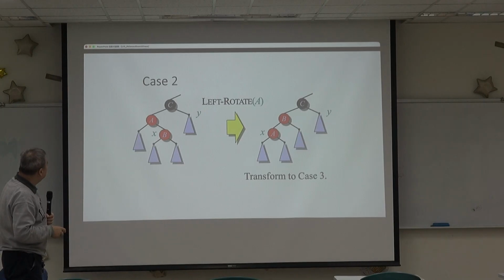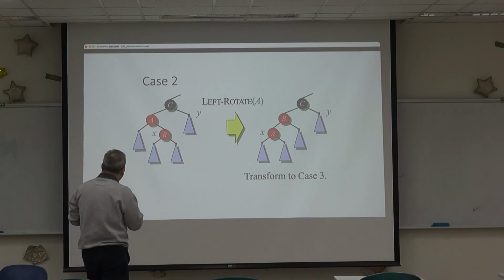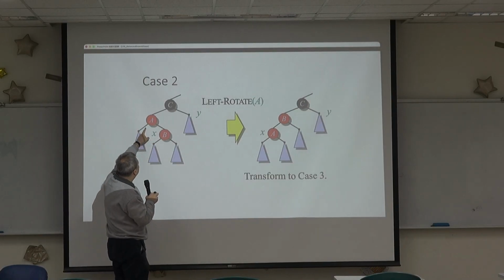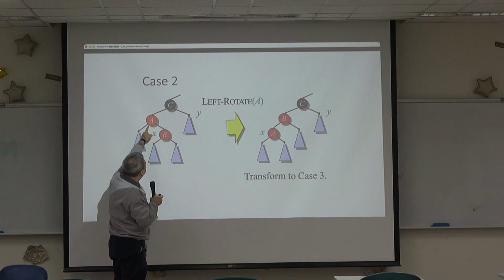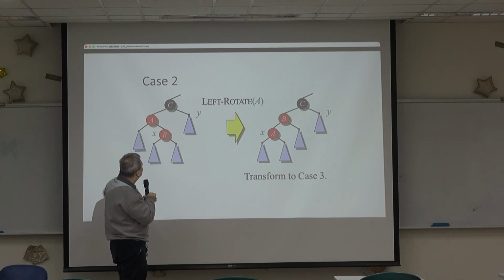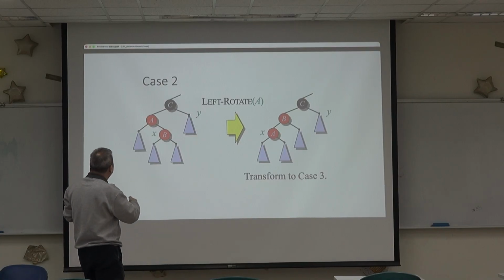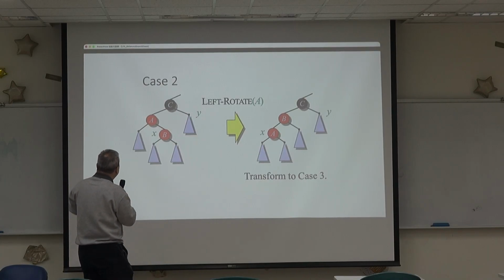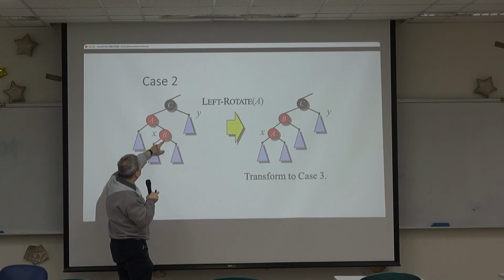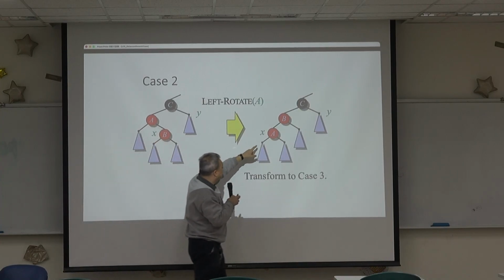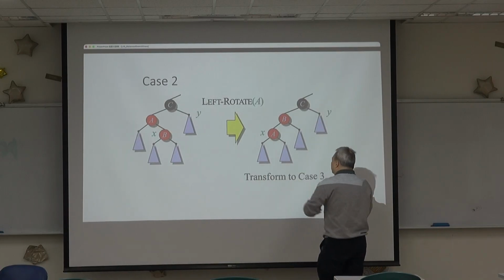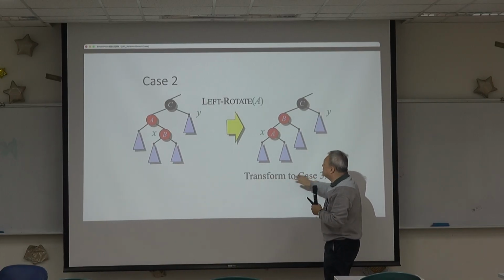And case two is that there's a violation, and the top is C. If this is the case, we can do a rotation of A to the left and move B up. So this will transform to case three.